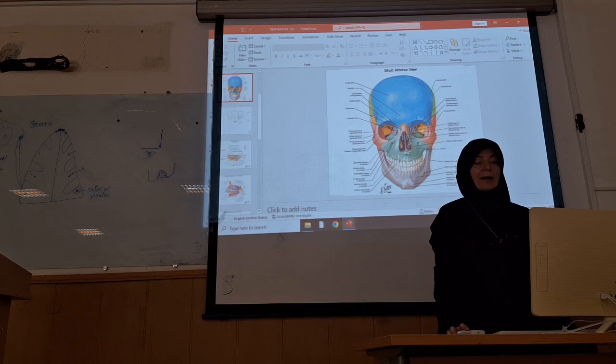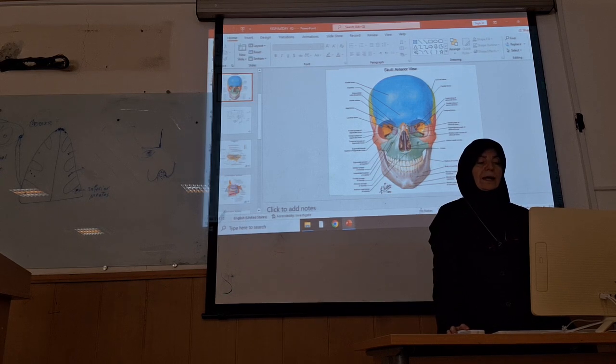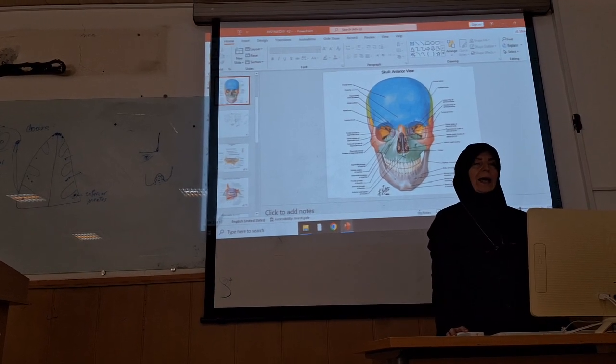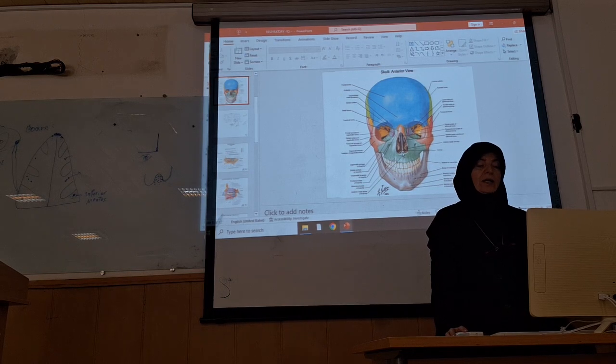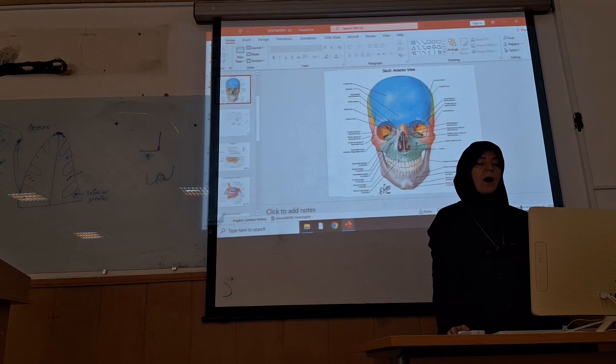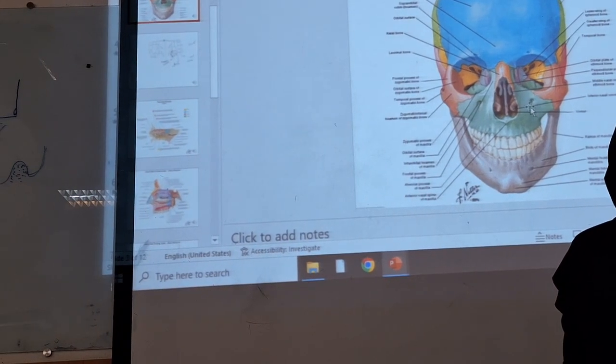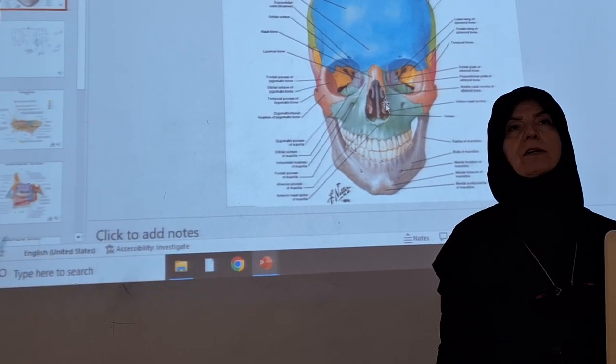Now, another bone that participates to form the nasal cavity skeleton is a single bone that we call the vomer. Sphenoid and the palatine also participate in the bony framework of the nasal cavity.